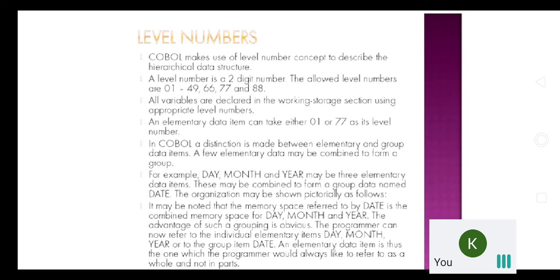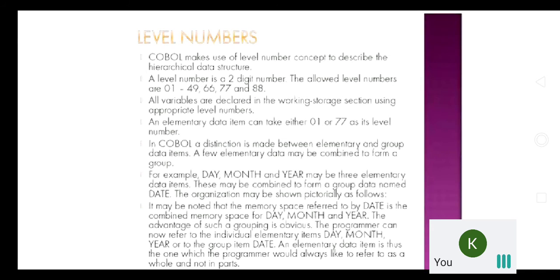The next important thing is that whatever memory space is used by the elementary data items, the collection of all those elementary data items is assigned to the group data item. For example, day consists of 1 KB, month consists of 1 KB, and year consists of 2 KB, a total of 4 KB.